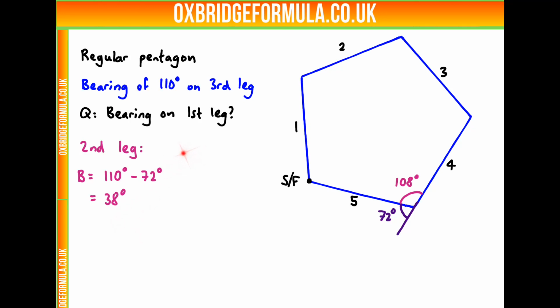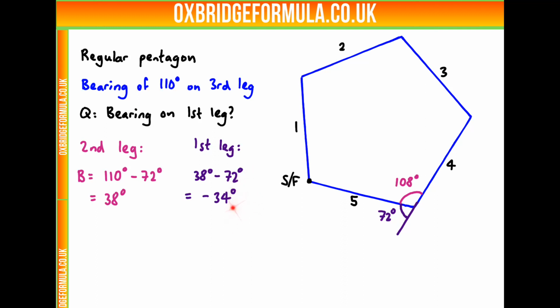Then let's keep working backwards to the first leg. So if we do the subtraction again, 38 degrees minus 72 degrees, that takes us to minus 34 degrees. Now, what's the problem here? We know angles can't be negative, and so we use the properties of a circle to work out the actual bearing.